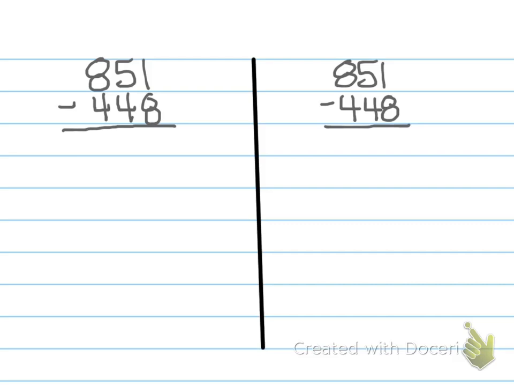So one last problem, and we're going to do it 2 different ways. First, we're going to estimate. So here's my estimate, and I'm going to look at using compatible numbers.